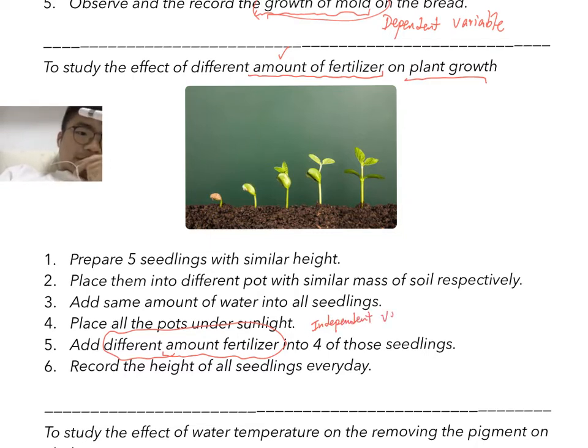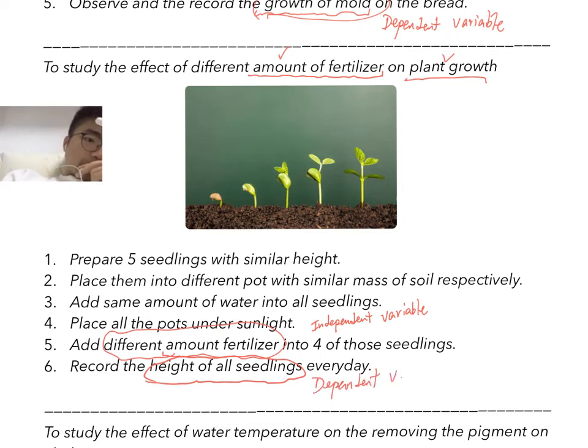How about the dependent variable? What should you measure in order to answer your question? Because you're going to find the effect on the growth of plants, you're going to record the height of the seedlings. So this would be the dependent variable.